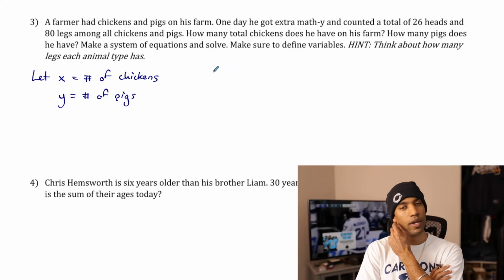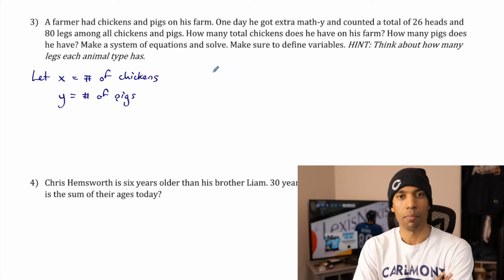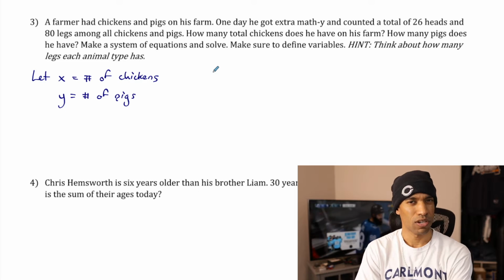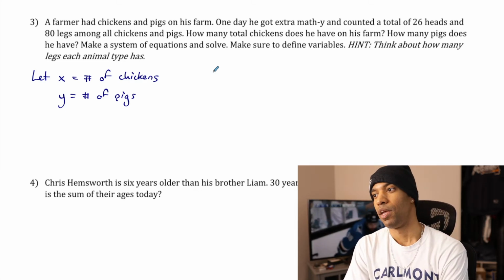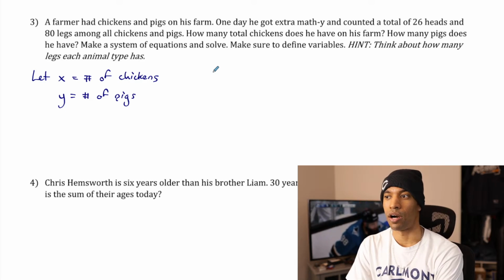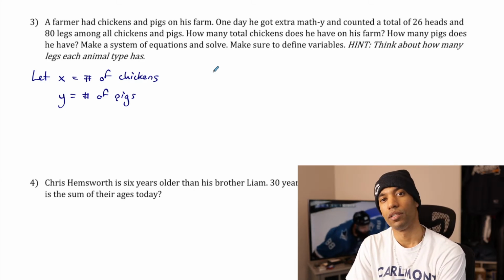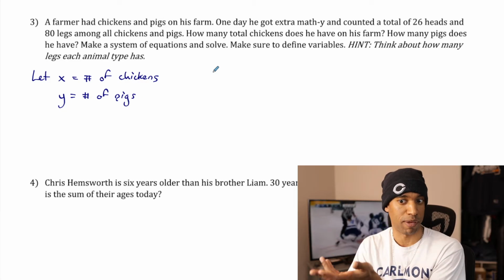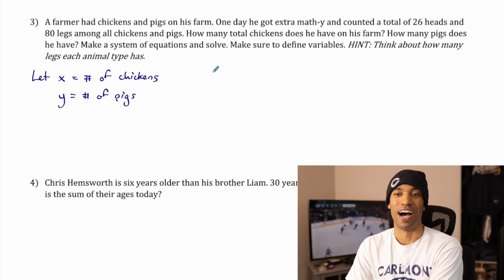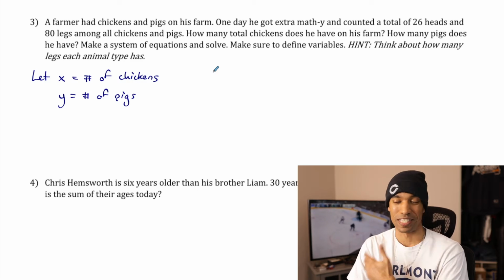Okay, now there are 2 different equations that we can make. There's one regarding the number of heads that he counts. And again, no mutation, they didn't lose any heads or anything like that. The number of heads is also the number of animals. So we can have a heads equation. When I say number of pigs, it's also number of pig heads. Number of chickens, number of chicken heads, assuming they're still attached to the body.